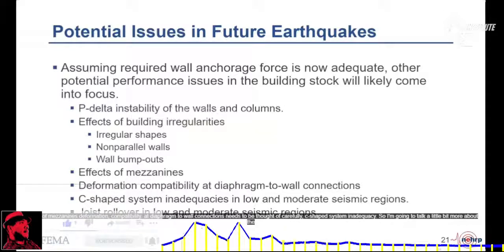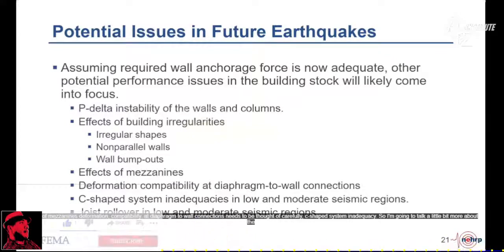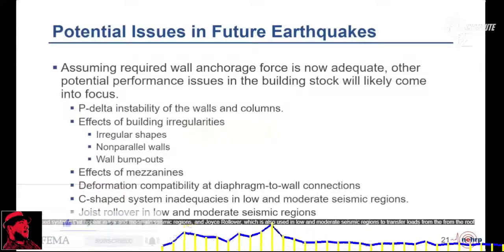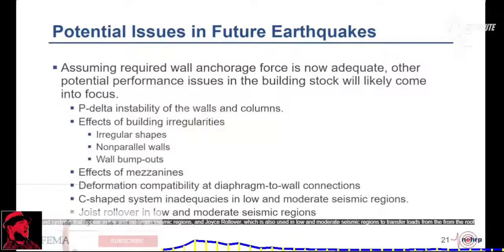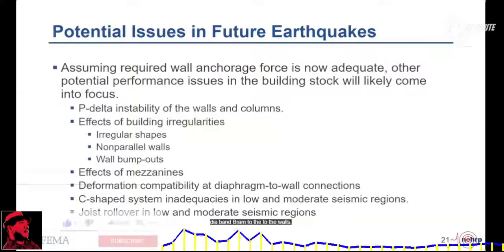Effects of mezzanines, deformation compatibility at diaphragm to wall connections needs to be thought of carefully. C-shaped system inadequacies. I'm going to talk a little bit more about these C-shaped systems that appear in low and moderate seismic regions, and joist rollover, which is also used in low and moderate seismic regions to transfer loads from the roof diaphragm to the walls.